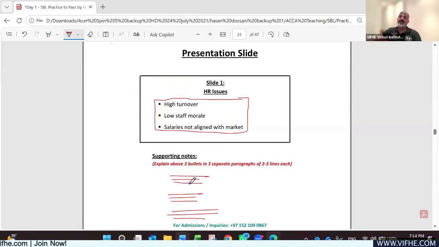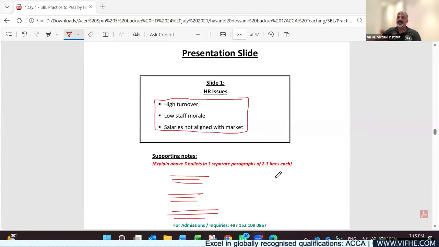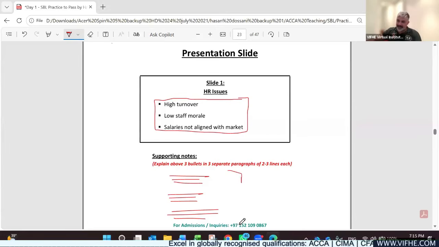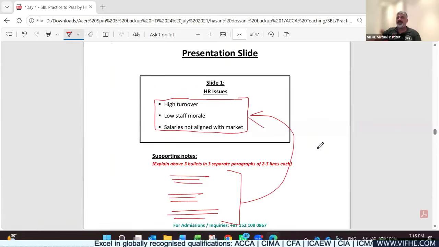Why 3 paragraphs? Each paragraph will be explaining each bullet. So if there are 3 bullets, I expect to see 3 explanations. Do you think these paragraphs should be according to this sequence or it should be haphazard?